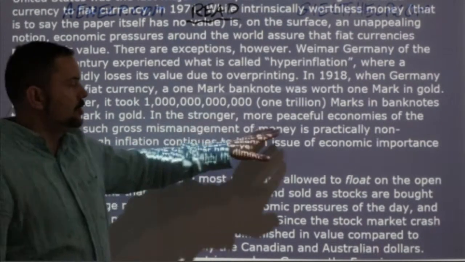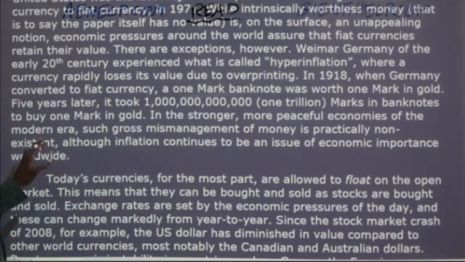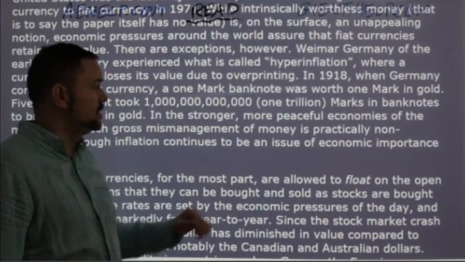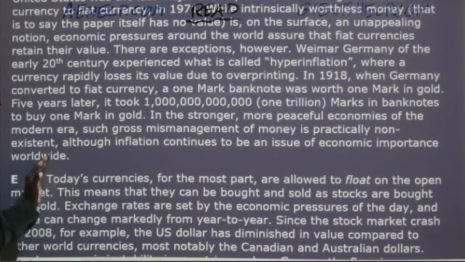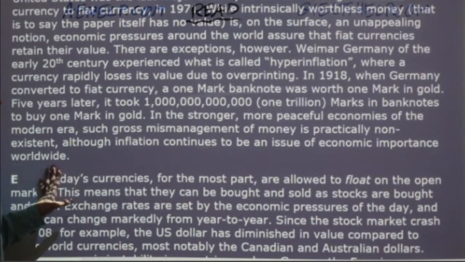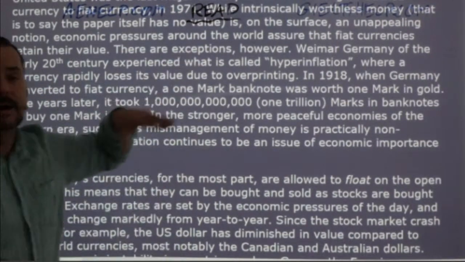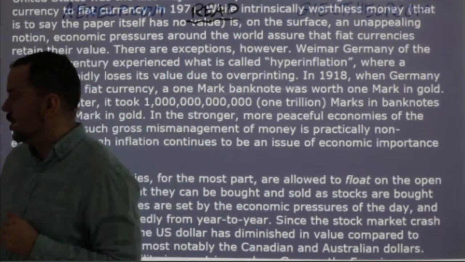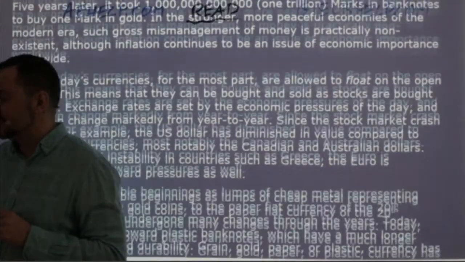In the stronger, more peaceful economies of the modern era, such gross mismanagement of money is particularly non-existent, although inflation continues to be an issue of economic importance worldwide. So here about fiat currency now and the problems with fiat, right? So keeping that in mind, we're all the way up into 20th century.